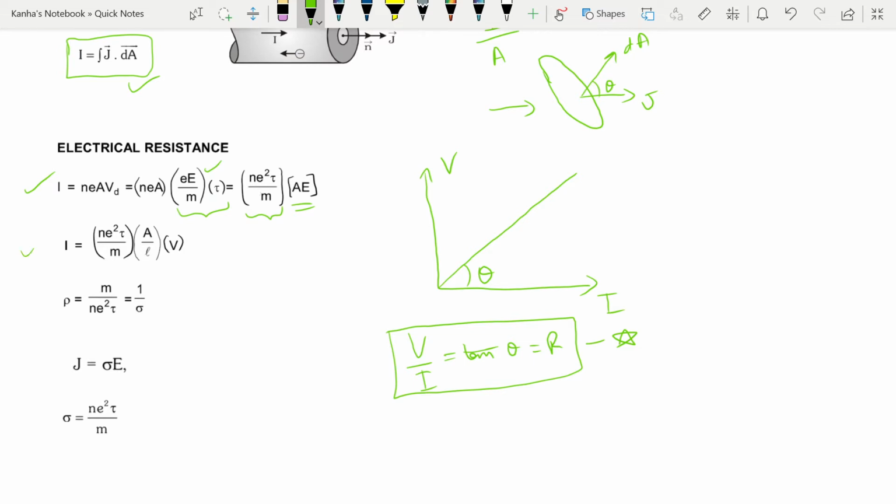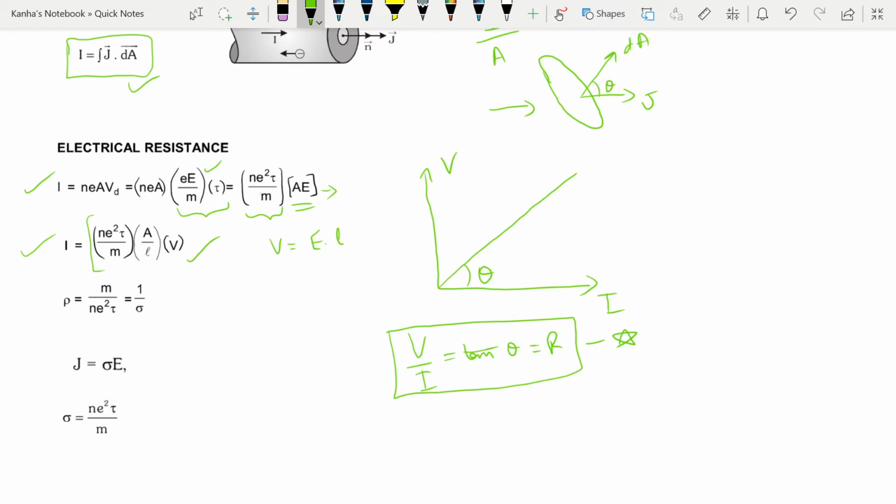Next, I can also write I as N E square tau by m into A by L into V. How? Because V is equal to E dot L. So if I multiply and divide this equation by L, I'll get A by L into V. So I can write my current in terms of V itself.